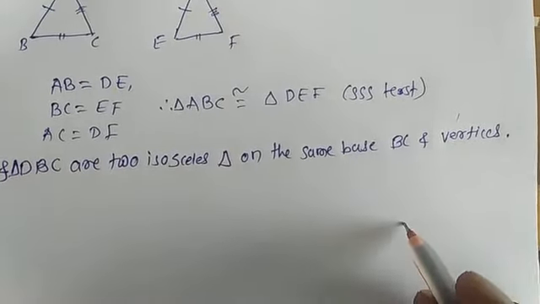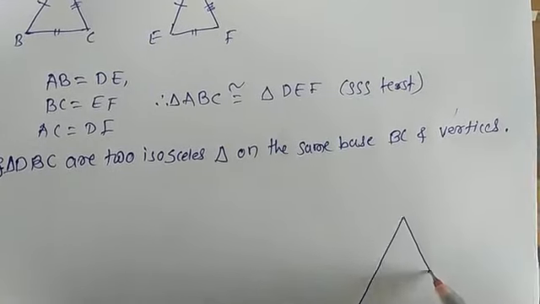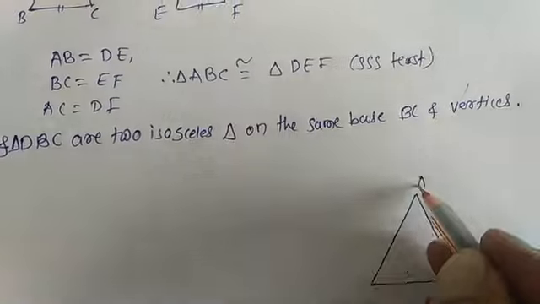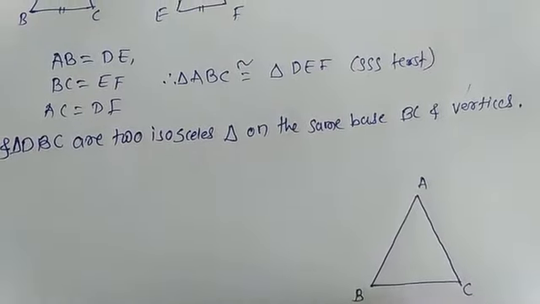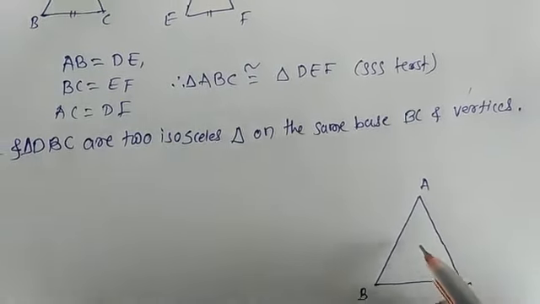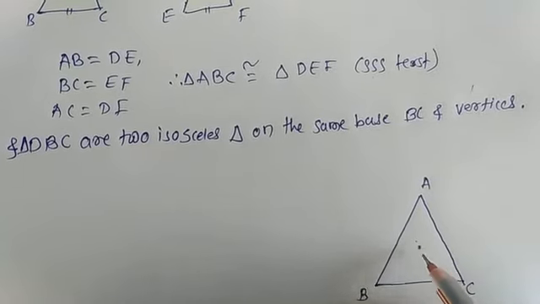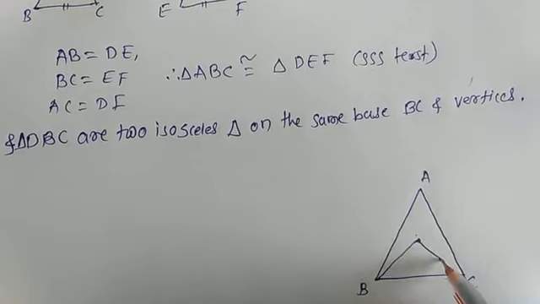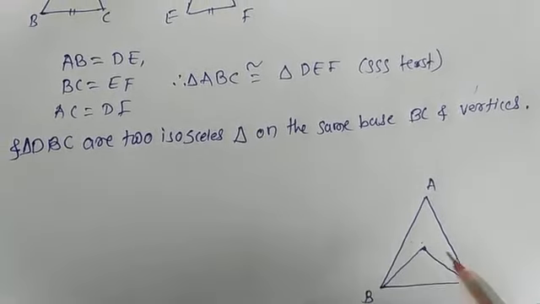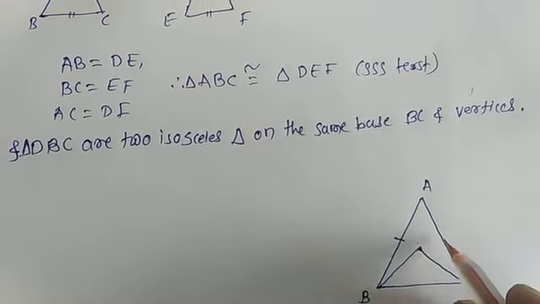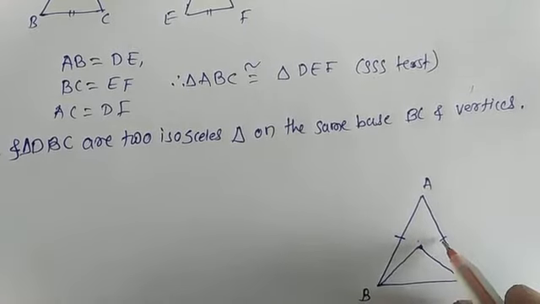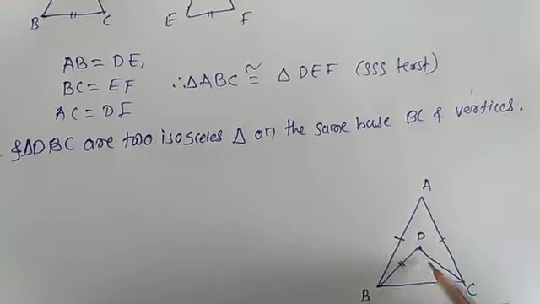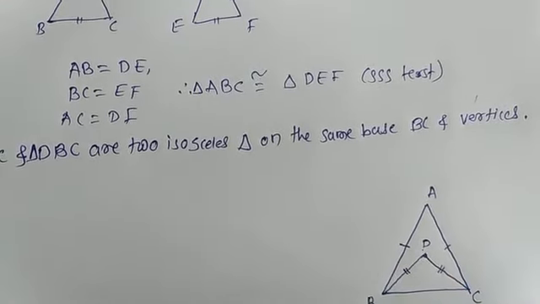That means if we consider a triangle ABC, on the same base BC you can find a triangle DBC, which is also an isosceles triangle. That means in triangle ABC, AB is equal to AC, and in triangle DBC, DB is equal to DC, given to us.